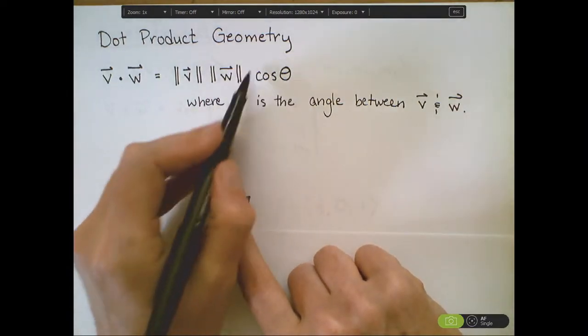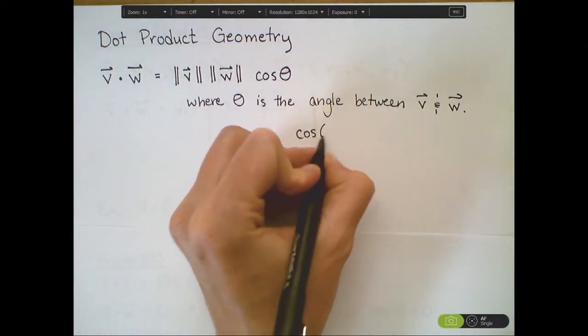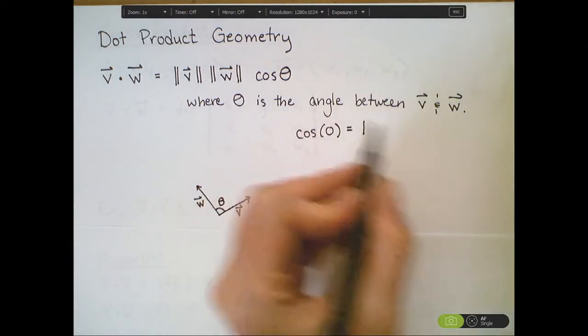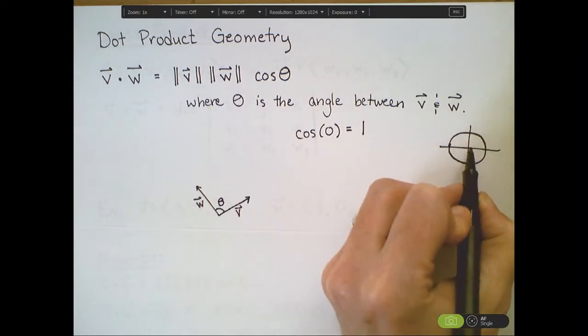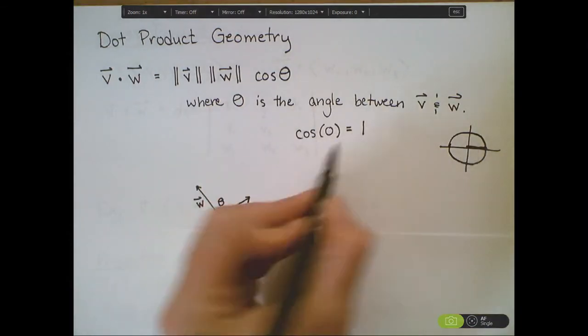What happens with this angle between them? Recall that the cosine of 0 is equal to 1. Like on the unit circle, here's my unit circle. I always visualize this when I think about cosine. Cosine is the x value. So when I'm down here at 0, my cosine is 1.